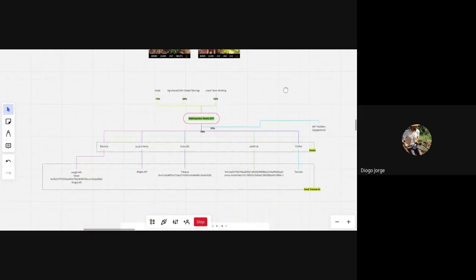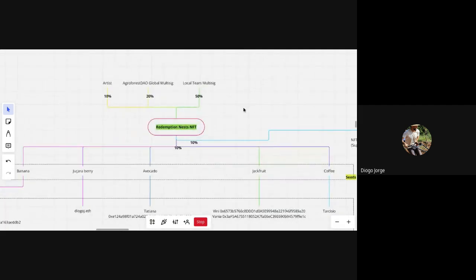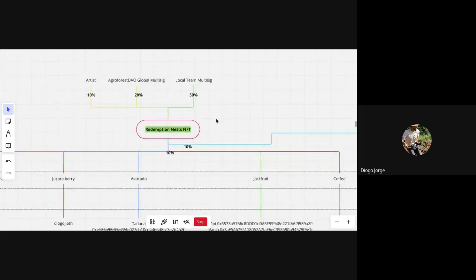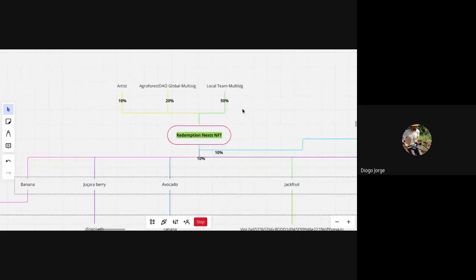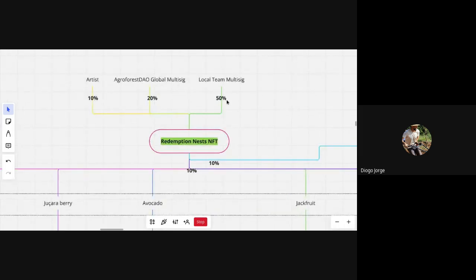The NFTs, they were created with split contracts that share 50% of the NFT sale with the local team, 20% with our global team.